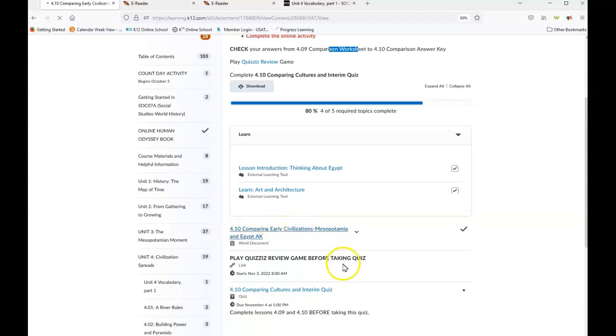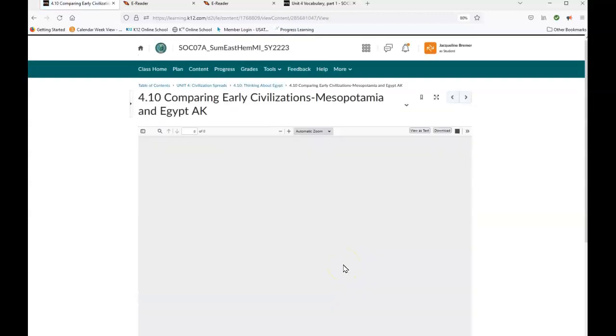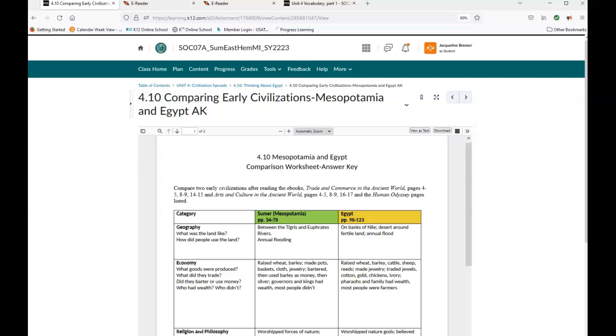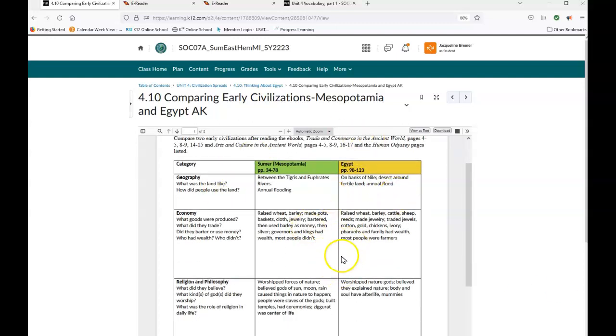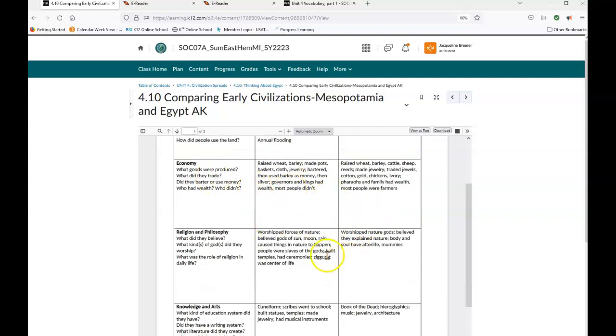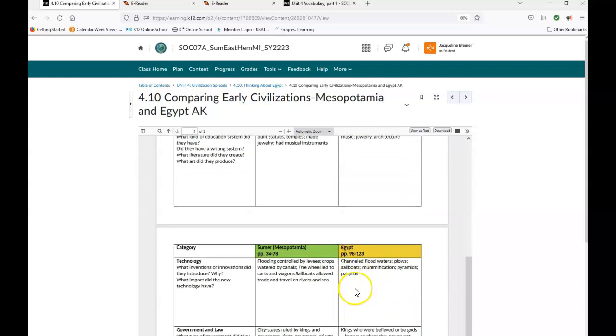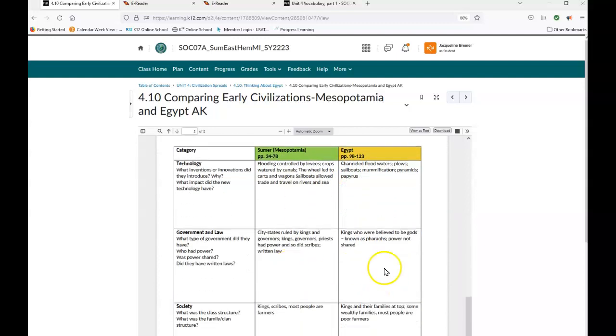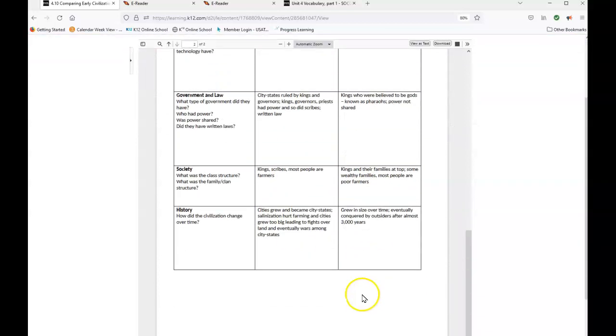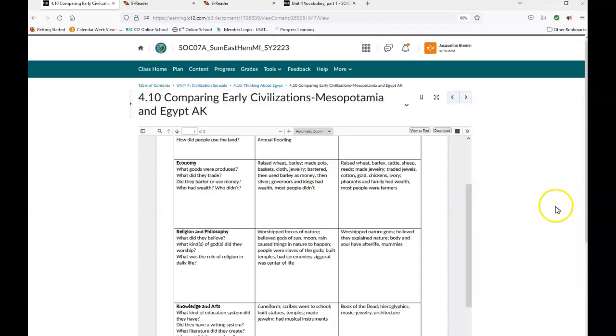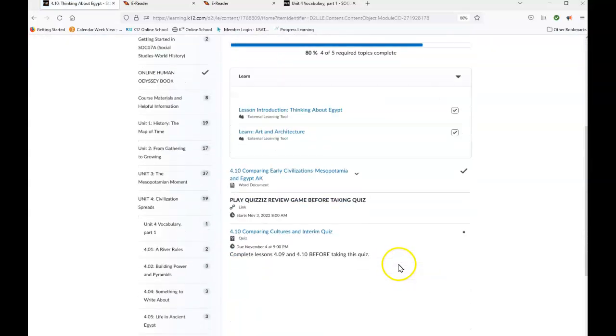Open that up. And do you have something similar to these? Do you have some things that are similar? All right, so check those out and look those over and check yours.